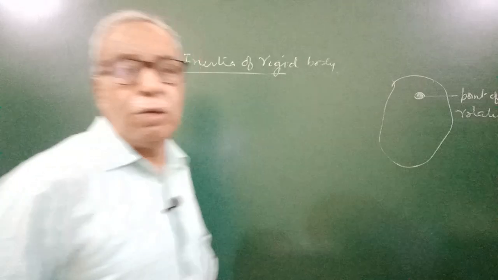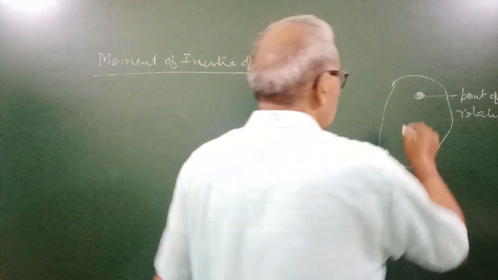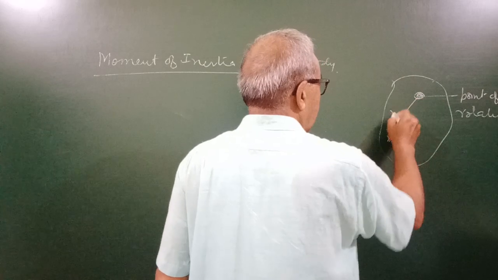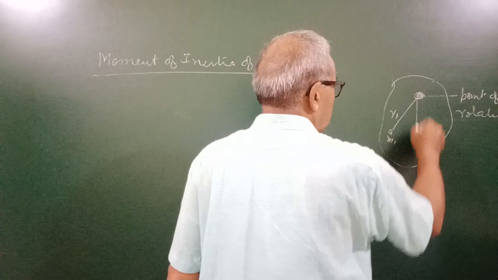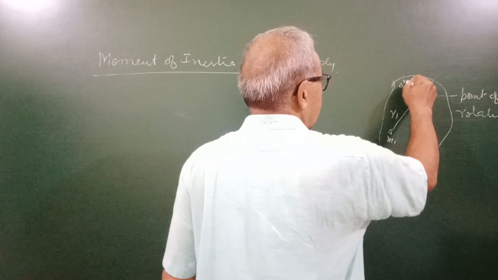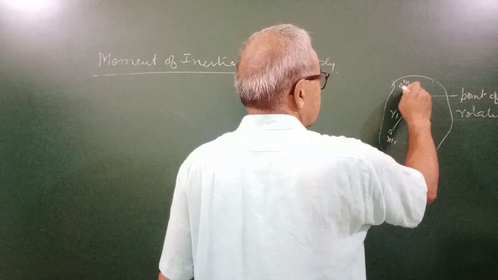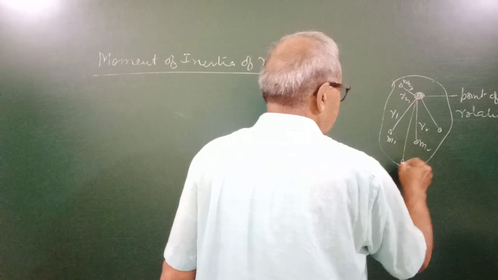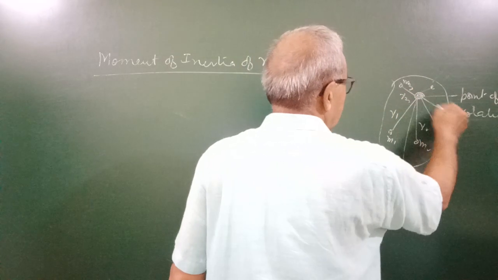Then how to calculate it? We can assume it to be made up of so many particles, whose masses are m1, m2, m3, m4, m5, m6, m7 at distances r1, r2, r3, like this.